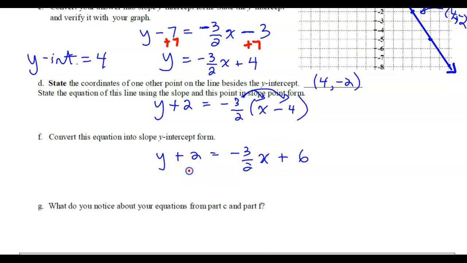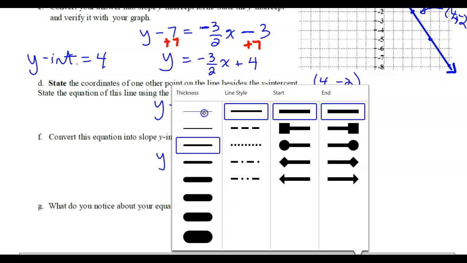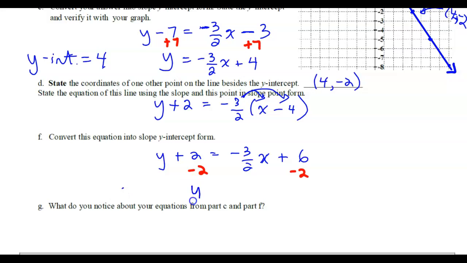We're going to subtract 2 from both sides. So you can see that you get y equals -3/2x plus 4. Same. Right? Same. All right? Same. Oh, we have to do H.